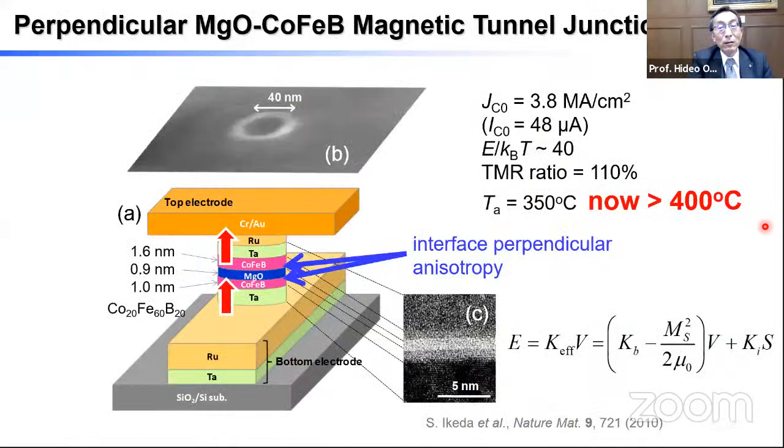This is because of the interface anisotropy. So there's an electronic structure at the insulator-metal, in this case cobalt iron, interface that makes your magnetization perpendicular to the plane, as you can see in these pinkish arrows. The only thing we did was to make cobalt iron boron thin enough. But people haven't explored this region of thinness.